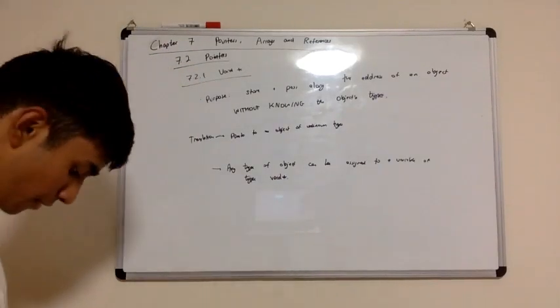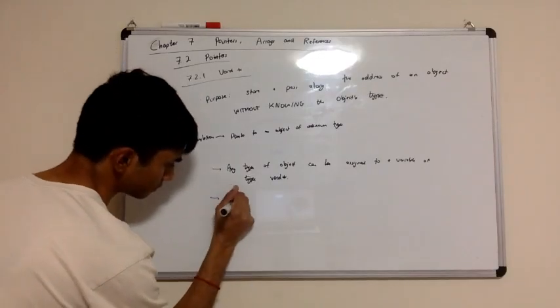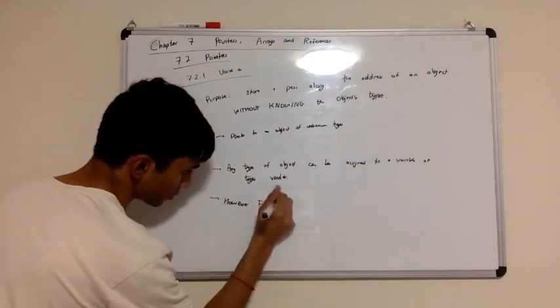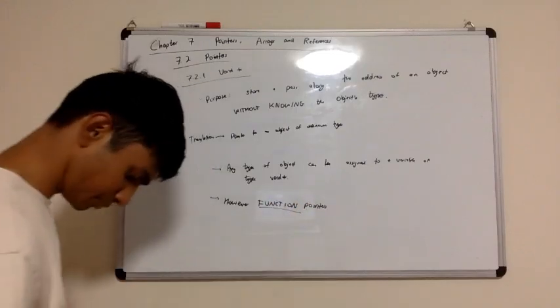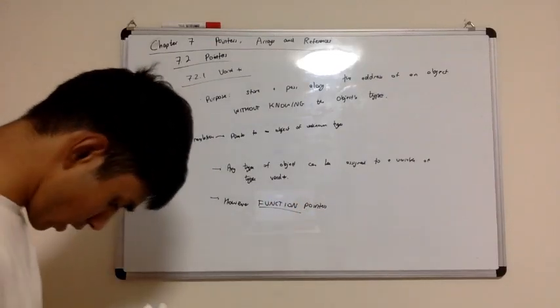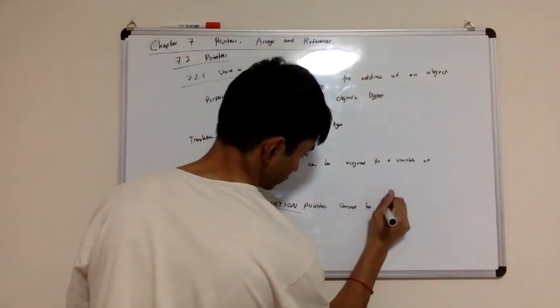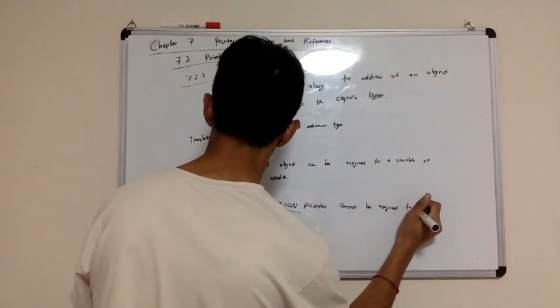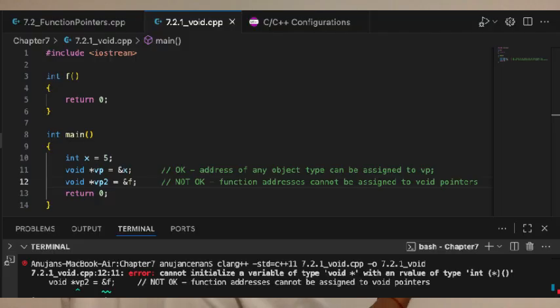Any object. However, function pointers cannot be assigned to a void star pointer.